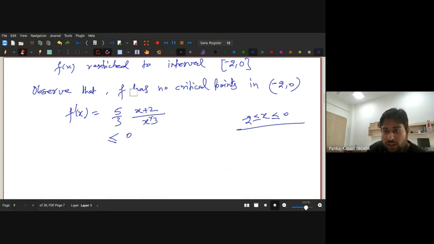That means the derivative is actually negative, less than or equal to 0, and let's not include x equal to 0. So for every x in this interval, this implies that f is a decreasing function.